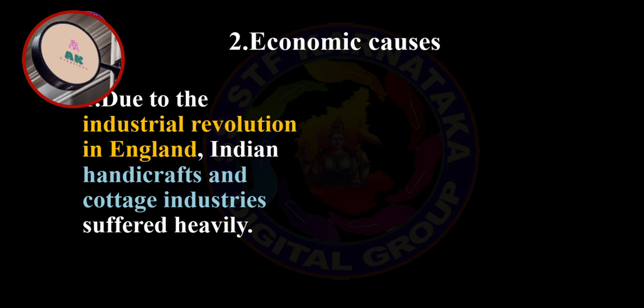Now we'll move on to the economic cause. Here you have to understand the industrial revolution in England. Previously Indians worked only through handicrafts, doing the work with their own hands, and they would get everything they wanted. But remember one thing: the industrial revolution started.